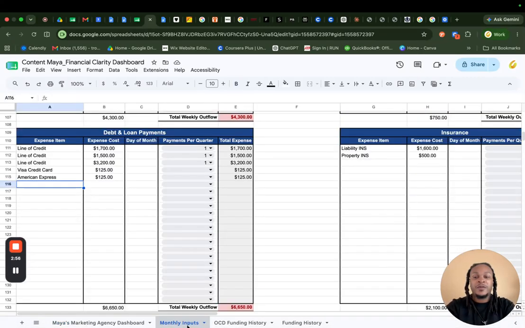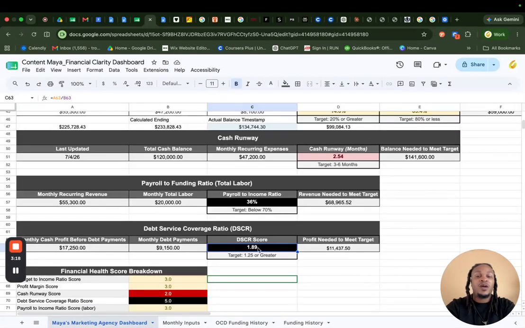Let's play a little bit more. Let's say I want to take out a fourth business line of credit. And let's say this was a really big one. So $2,500 a month is going to be the monthly payments. 1.89. We went down from 2.59 to 1.89. We're still above 1.25.